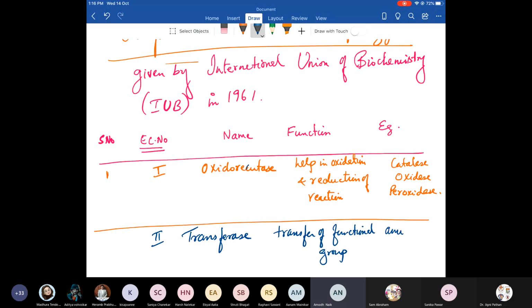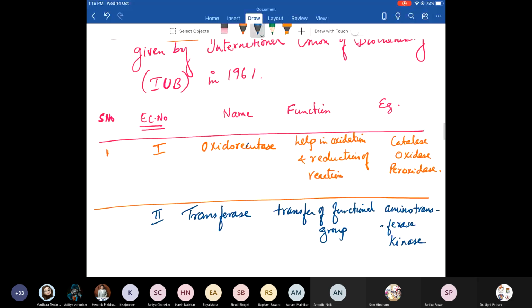Okay, clear? Aminotransferase. Kinase comes under this category, such as hexokinase. They come under this category of transferase.